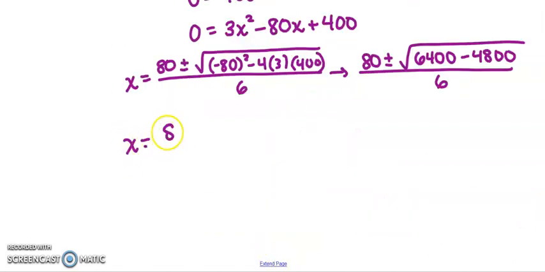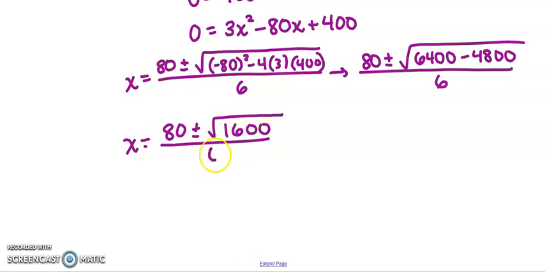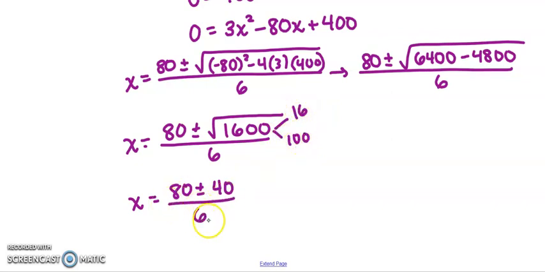X is going to be equal to 80 plus or minus the square root of 1600 all over 6, which means 80 plus or minus the square root of 1600 is going to be 40, because the square root of 1600 is a 4 and a 10, all over 6.